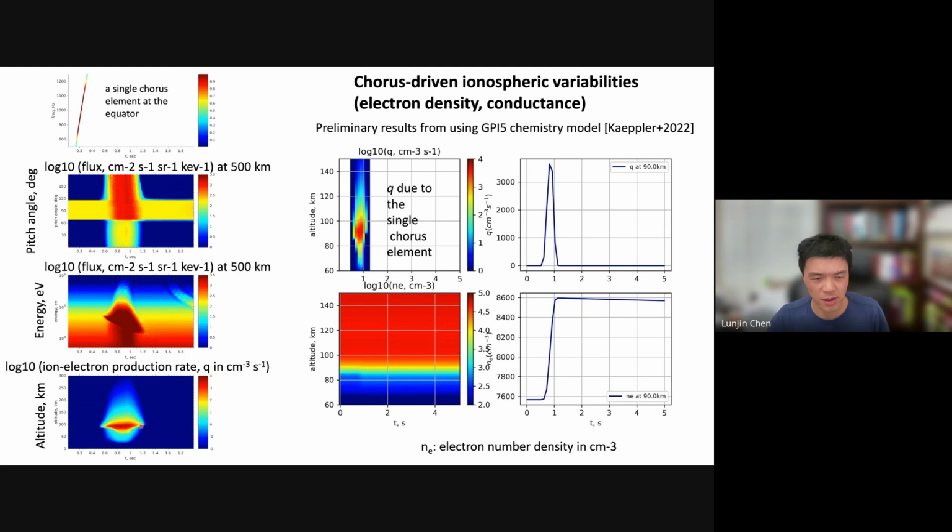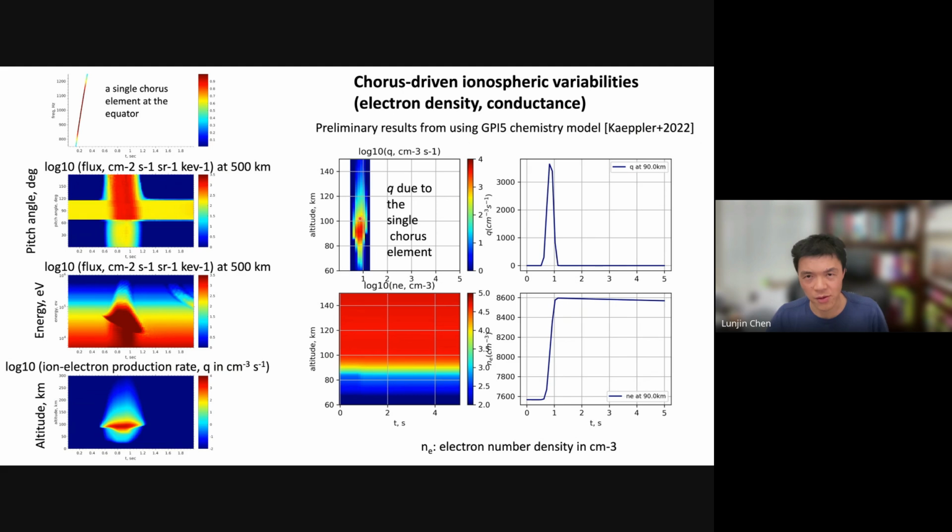I use this ion production profile, time dependent and altitude dependent, as an input for this GPI5 chemistry model, and the initial condition here is from the International Reference Ionosphere density model. Then we solve the five-species time-dependent chemistry model, and you can see the evolution of the electron density.